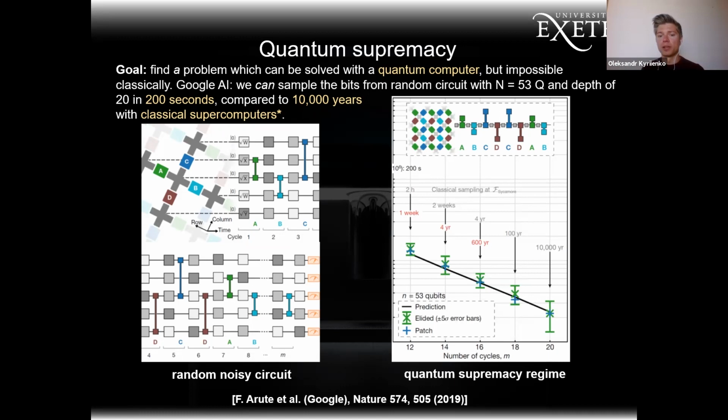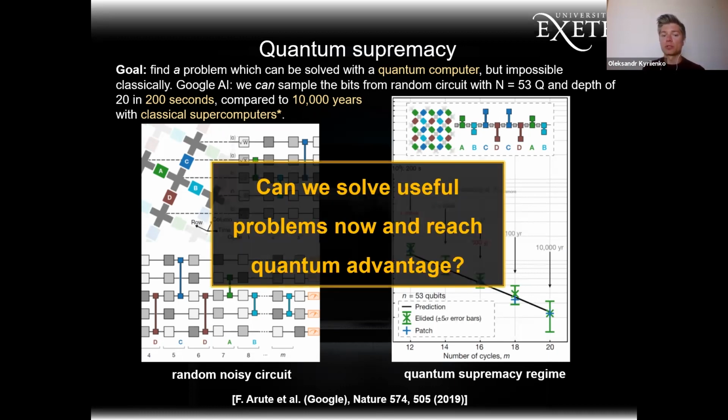At the same time, the question arises: can we solve something useful and reach quantum advantage, so solve an outstanding problem? The difference is that for sampling, you could live with fidelities that are pretty low. For 53 qubits, the overall fidelity was around 0.001, which is low.